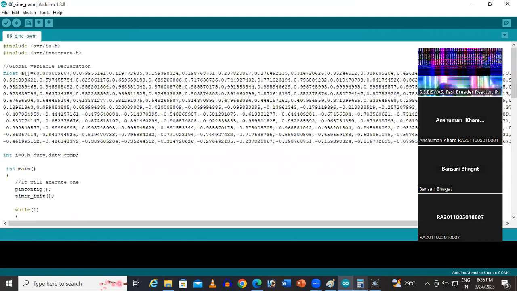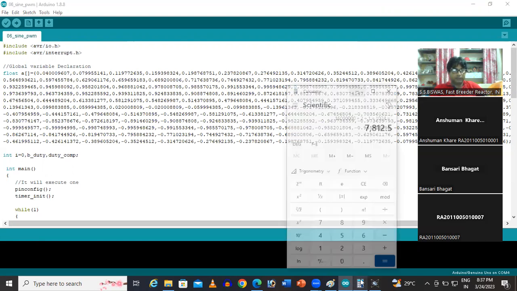For sine PWM generation, I have made one array. This array calculation is a simple trigonometric calculation. I am not going to tell all these things, or I will tell very quickly.